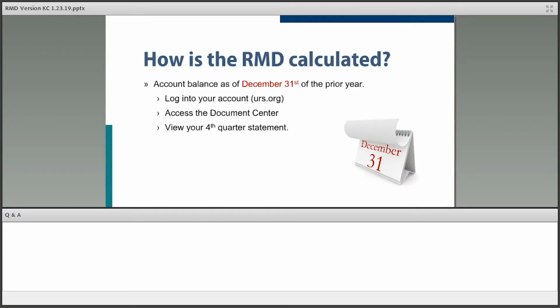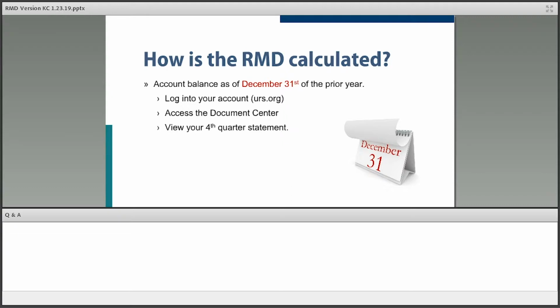Let me go ahead and show you now an example of how that required minimum distribution is calculated. Some of you maybe have already received required minimum distributions in prior years, and maybe you've been receiving them for several years, but are just not aware how they are calculated each year. And so let's walk through a quick example of how that required minimum distribution is calculated.